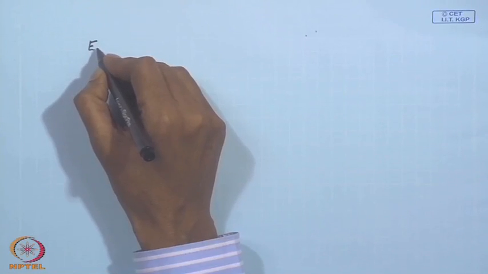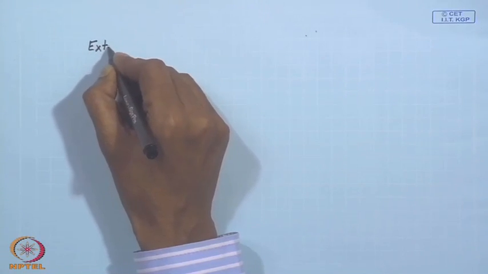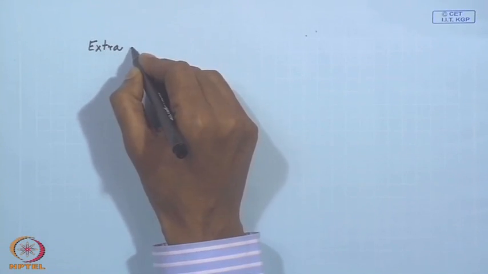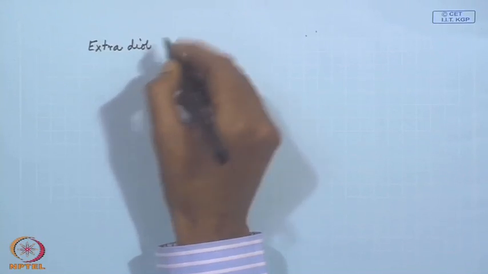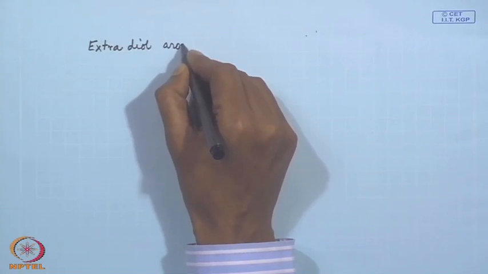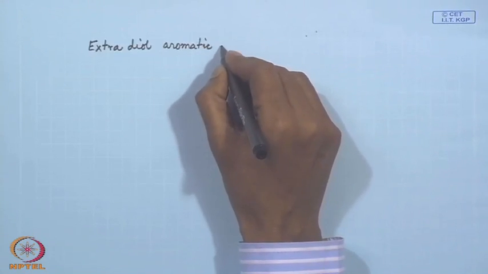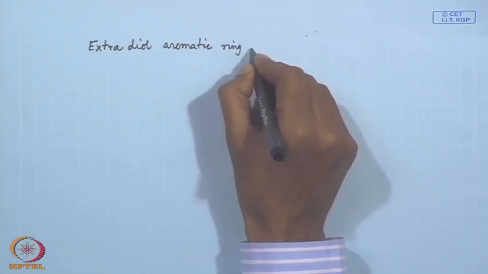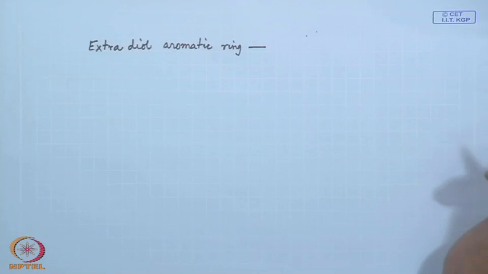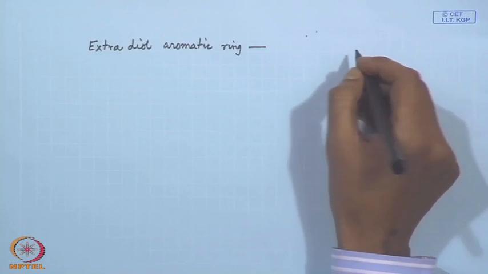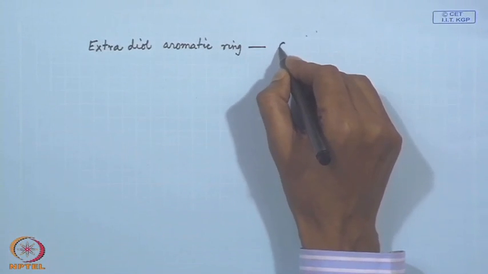So, we were with that extradiol aromatic one. So, if we have an extradiol aromatic ring, how can we cleave that?